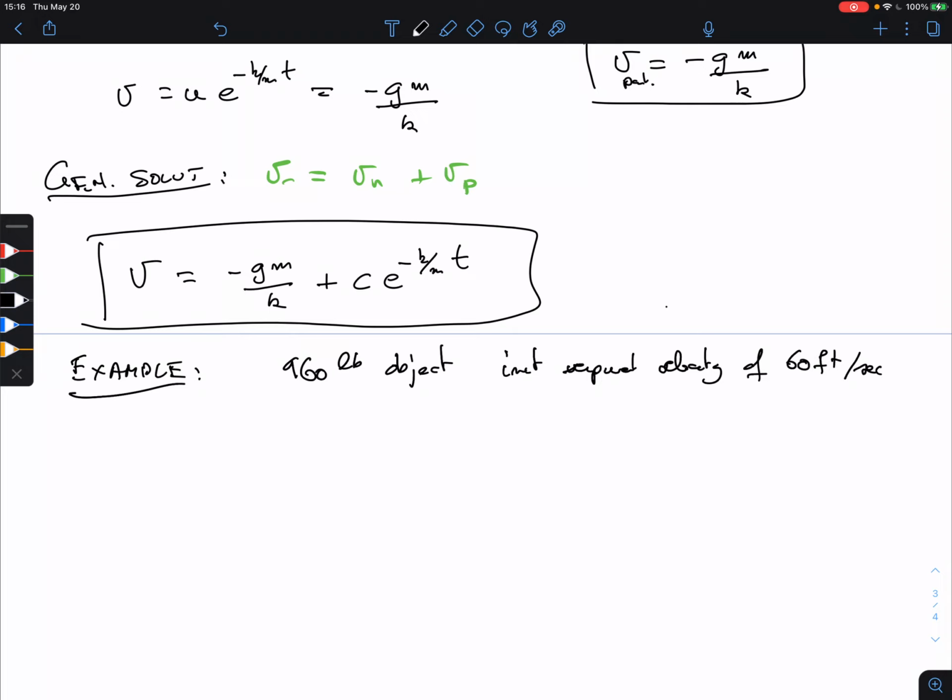So we can imagine this somewhere. This is the object here. Let's think of it as a rocket a little bit, right? And it has an initial velocity that makes it go up, but there is an air resistance that will work on it.